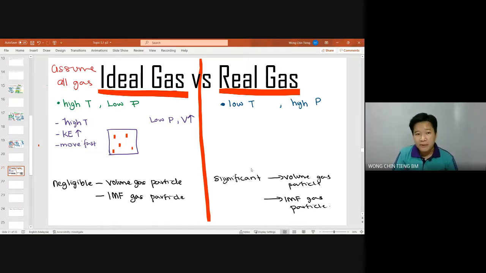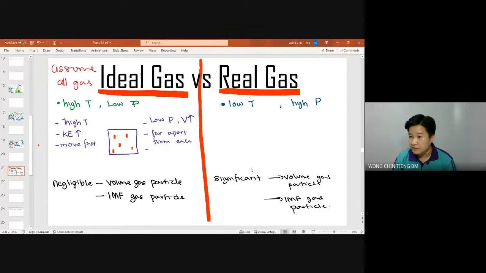When your volume remain big in here, alright, when your volume is so huge, the container size remain, what happened? Far apart from each other. Betul? Dia akan duduk jauh lah sebab saya ada ruang. Dan bila saya duduk jauh, saya ada tenaga yang tinggi, apa jadi? Saya bergerak jauh daripada kawan saya and my intermolecular forces become negligible.